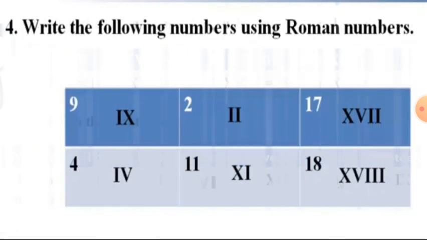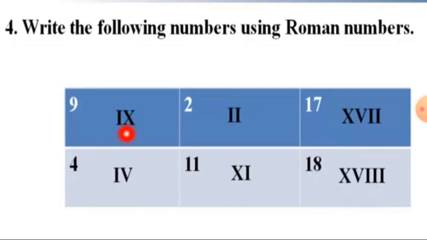Next question, question number 4. Write the following numbers using Roman numbers. Now students, already the international number is given. You have to write the value in the Roman numbers. You can write one below the other also. 9 in Roman numerals we will write as IX.